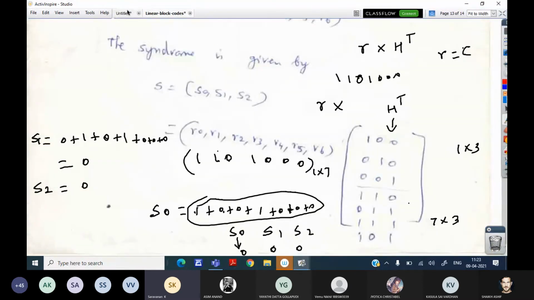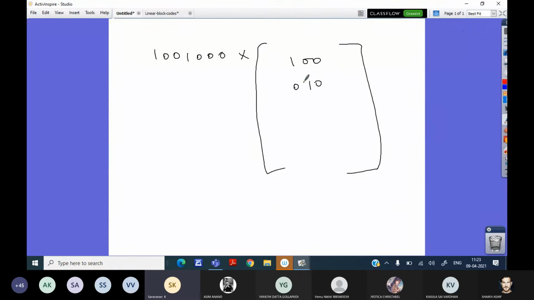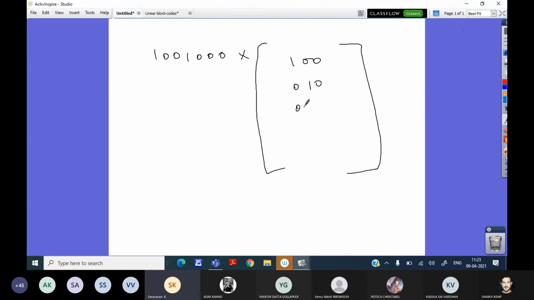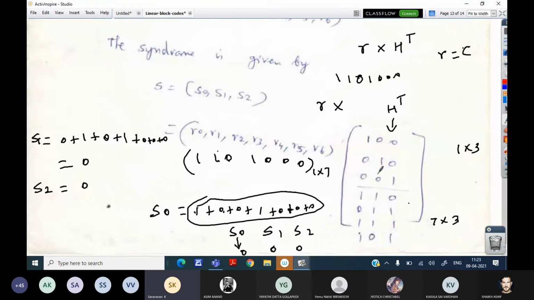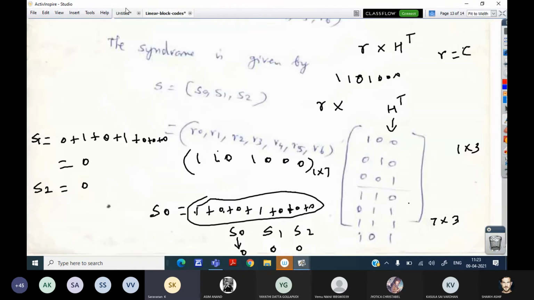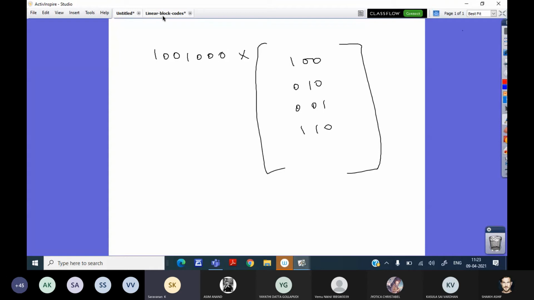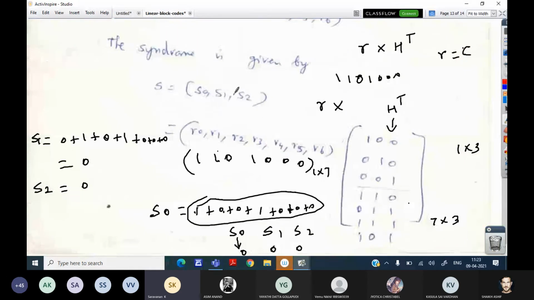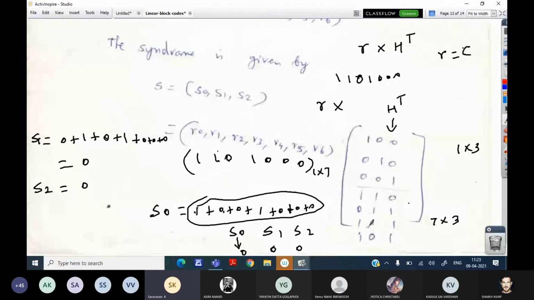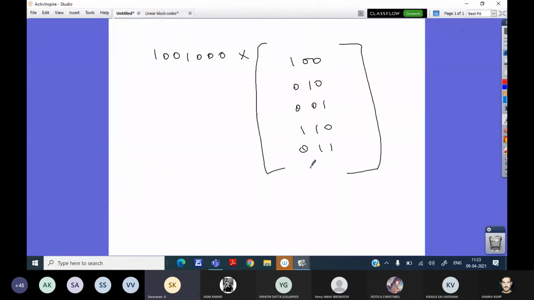Have you noted? 010, 001. Next, 110, 011, 111, 101. So this is my H transpose.